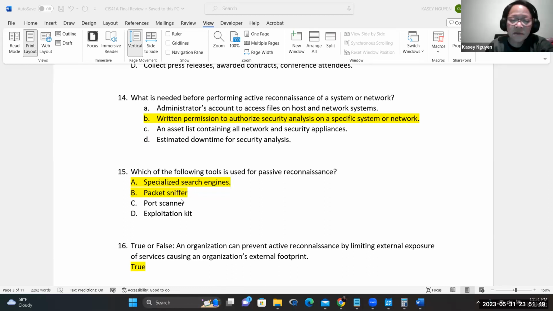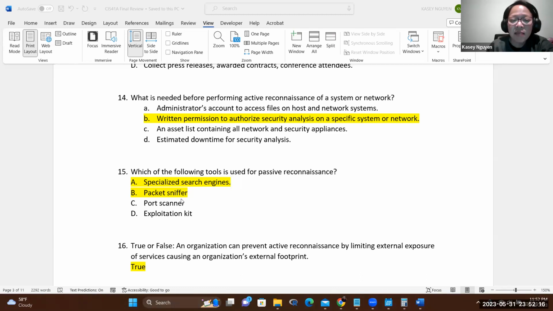So a lot of the times the tools that we use in passive reconnaissance are not going to be as invasive compared to active reconnaissance. So we want to select A, specialized search engines. So we can use search engines to look at IoT devices, look at maybe IP addresses and so on.